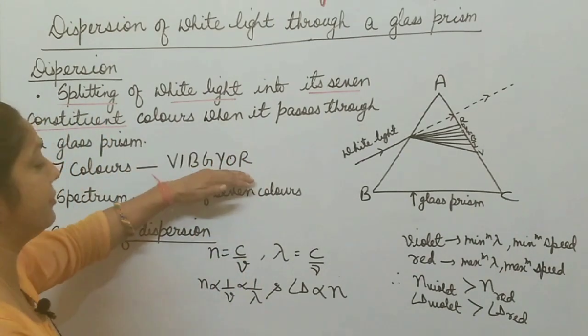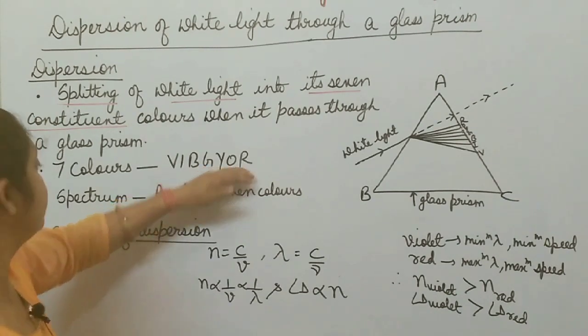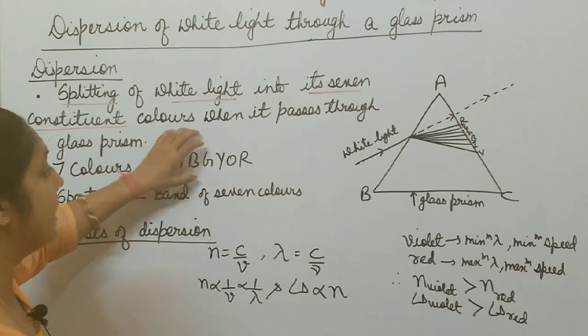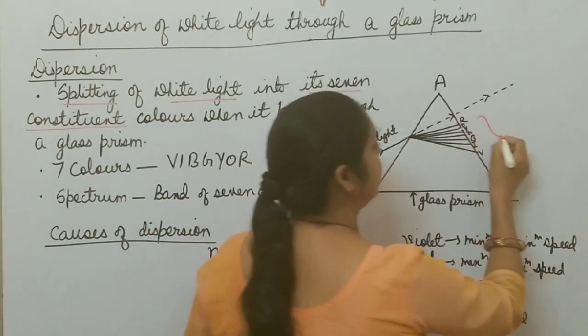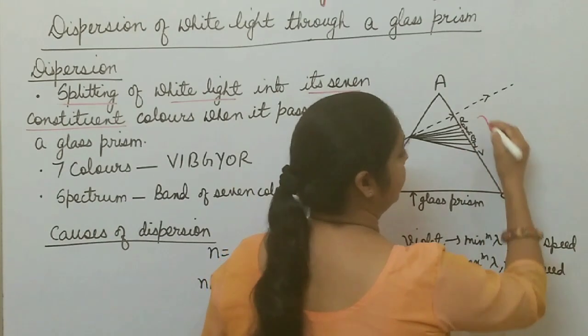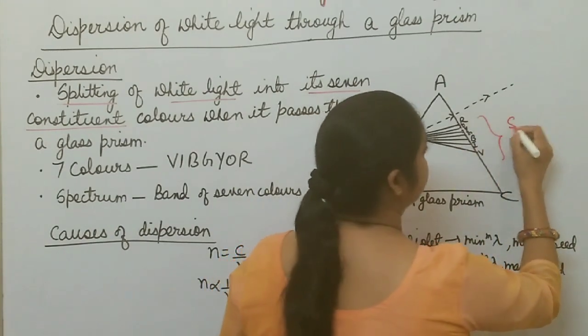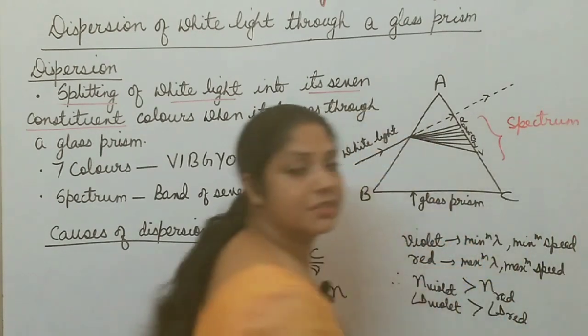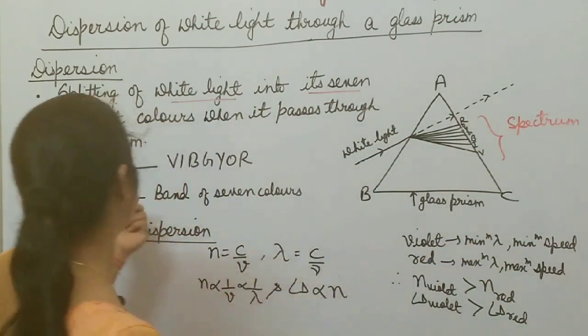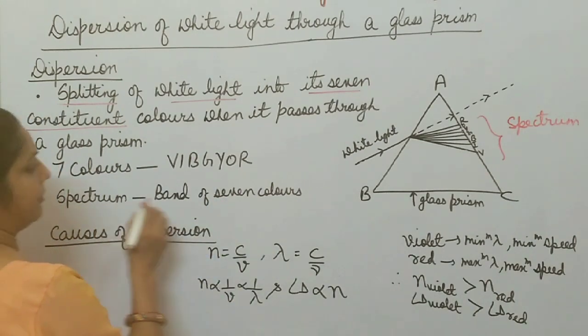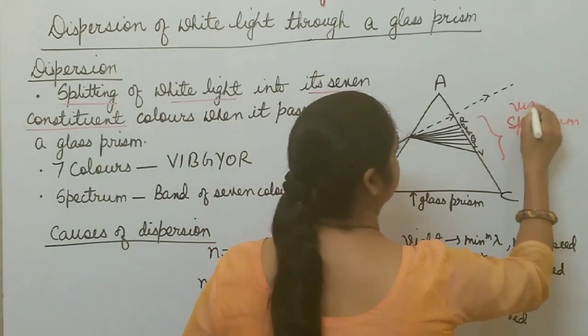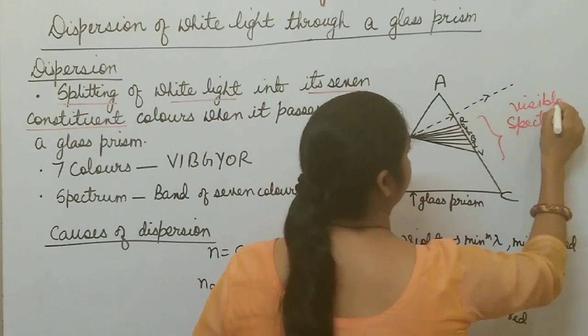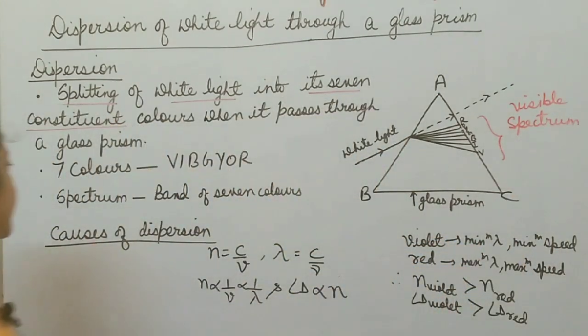These are the 7 different colors of which white light is made. And this band of 7 colors, which appears on this side of the prism, is called a spectrum. As this spectrum is visible to our eyes, it is also called the visible spectrum, because we are able to see this spectrum with the help of our eyes.